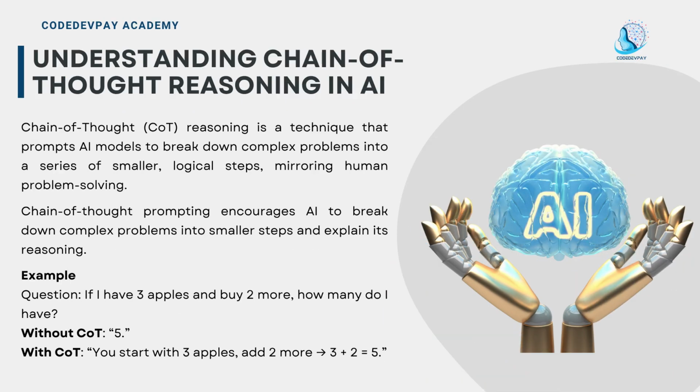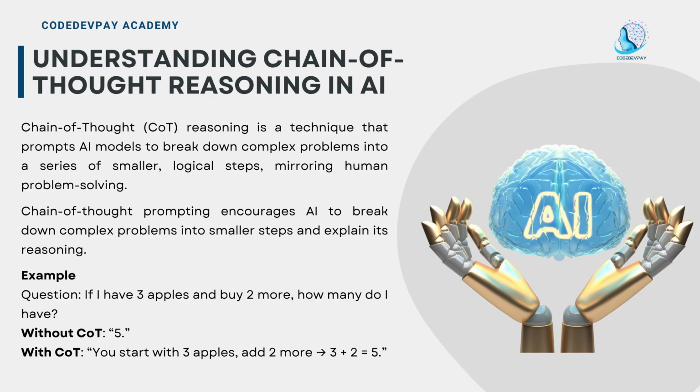The next thing we are going to look at is understanding chain of thought reasoning in AI. So, what is chain of thought reasoning? Chain of thought reasoning is a technique that prompts AI models to break down complex problems into a series of smaller logical steps, mirroring human problem solving.